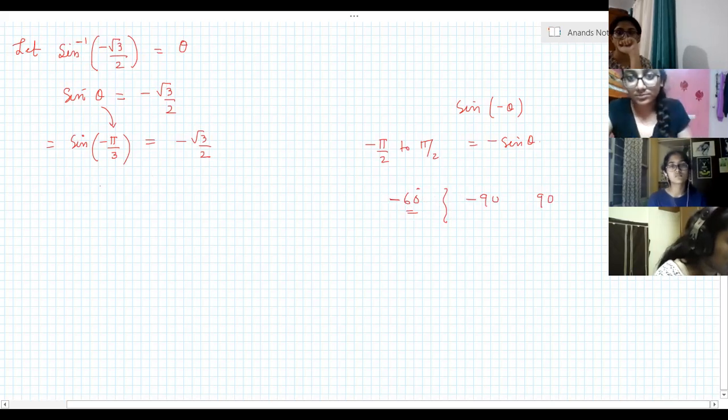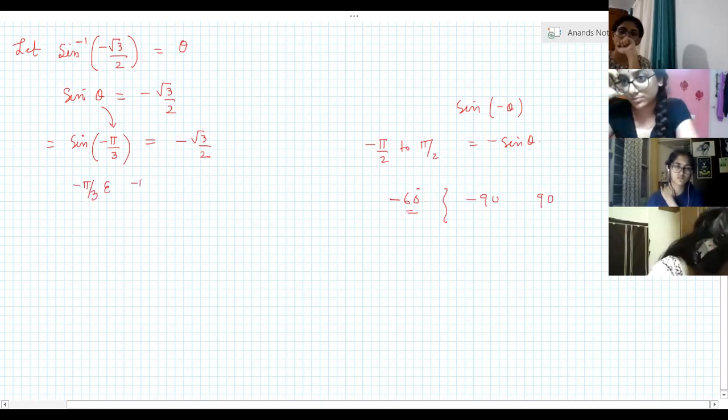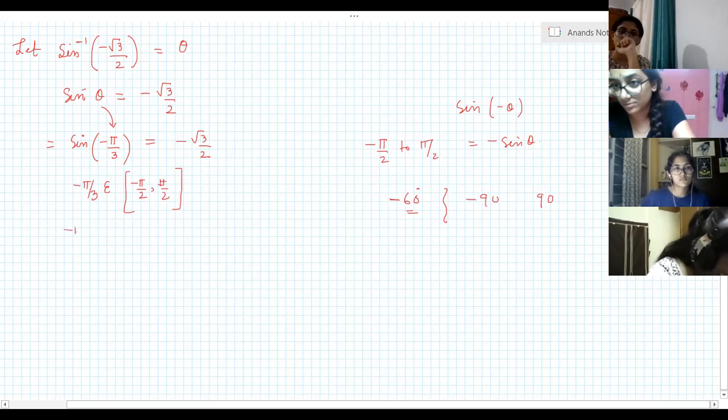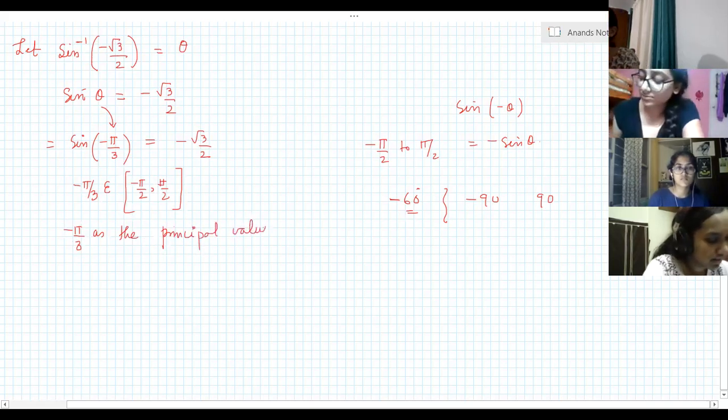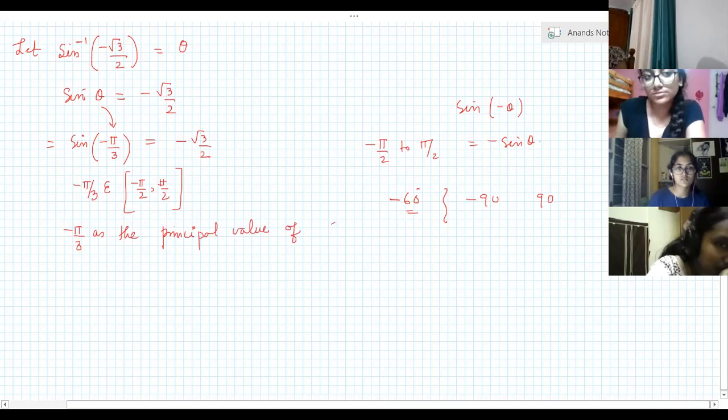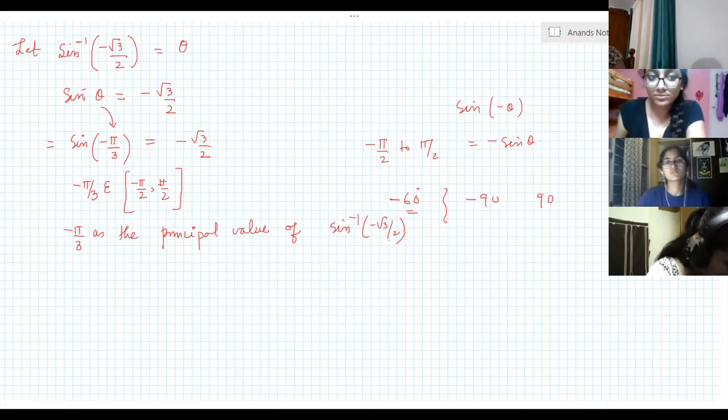So you can directly say minus pi by 3 belongs to the interval minus pi by 2 to plus pi by 2. And therefore, you can declare minus pi by 3 as the principal value. Is it okay?